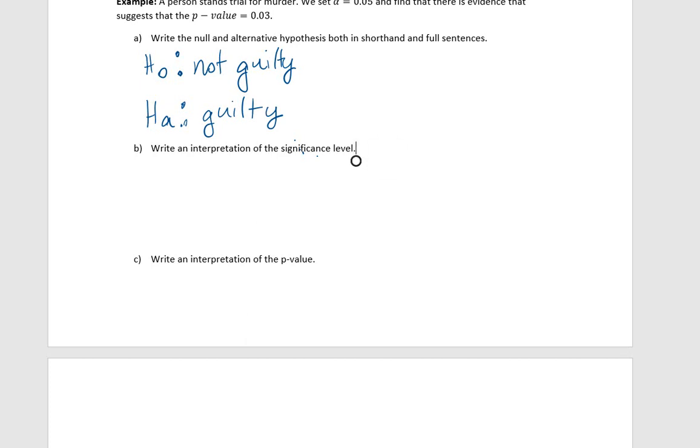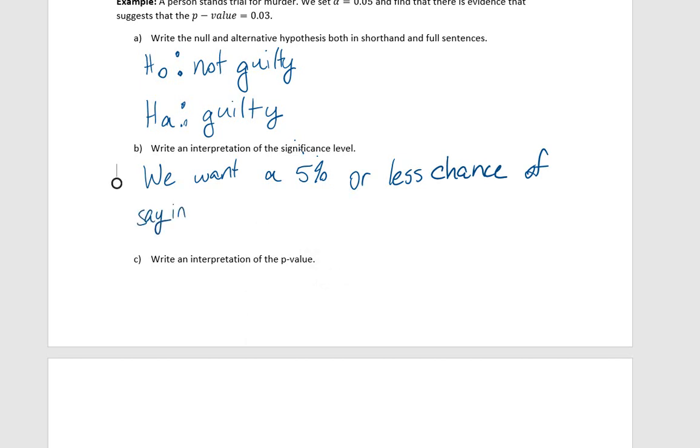Let's write an interpretation of the significance level. We want a 5% or less chance of saying a person is guilty.